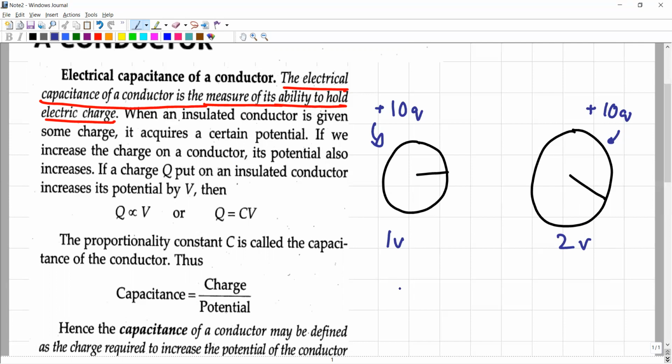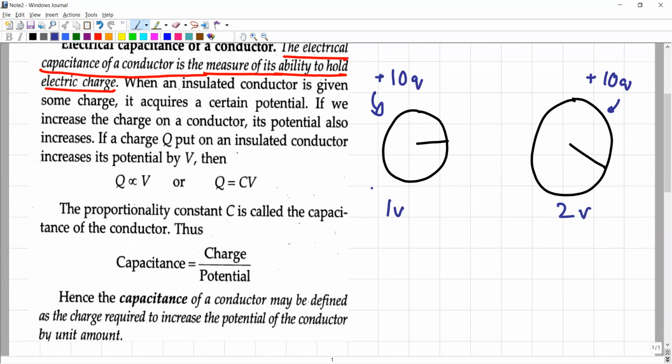Then you can calculate that this conductor can hold 10q charge for 1 volt rise in potential, because you gave 10q charge and it developed a potential of 1 volt. But this conductor could hold 10q charge for 2 volt. That means 5q charge for 1 volt.